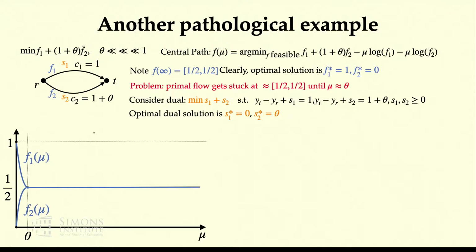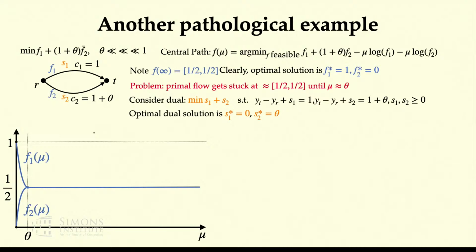But now my path on the primal side, on the flow side, looks like this. The x-axis is the gap. The y-axis is the flow that is sent over the arcs. So if we have a very high gap, if we start somewhere close to the analytic center, then both of the flows are going to be roughly 1/2.